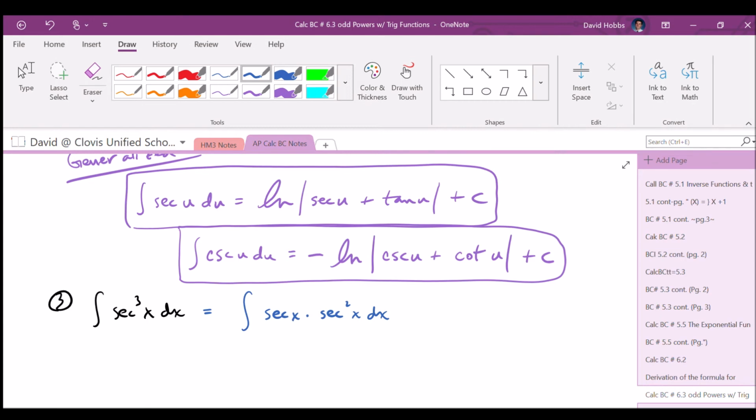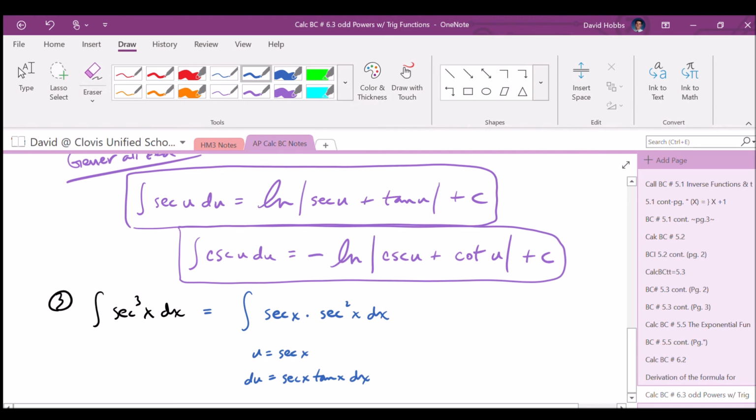What we can do though is say that the u, because the u is generally the one that we want to do easier derivatives of. So which one would be easier to do derivatives of, secant or secant squared? Well, secant is the easier one. So u is secant x, and du would be secant x tangent x dx.